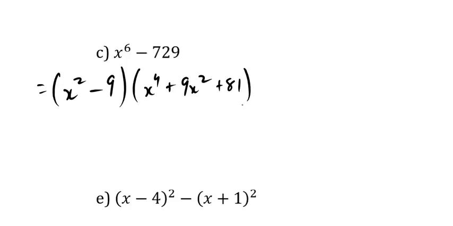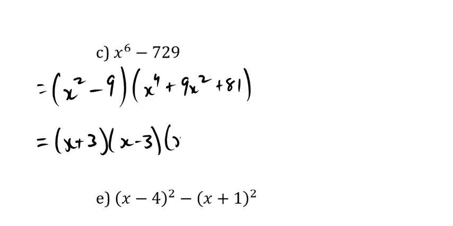Remember, you always look, especially when you have these weird questions that have bigger exponents. So what are we missing? Yeah, what do we call that? Not taking the square root, but yeah, it's a difference of squares. So x plus 3, you should be pros at this, x minus 3, and then x to the fourth plus 9x squared plus 81.